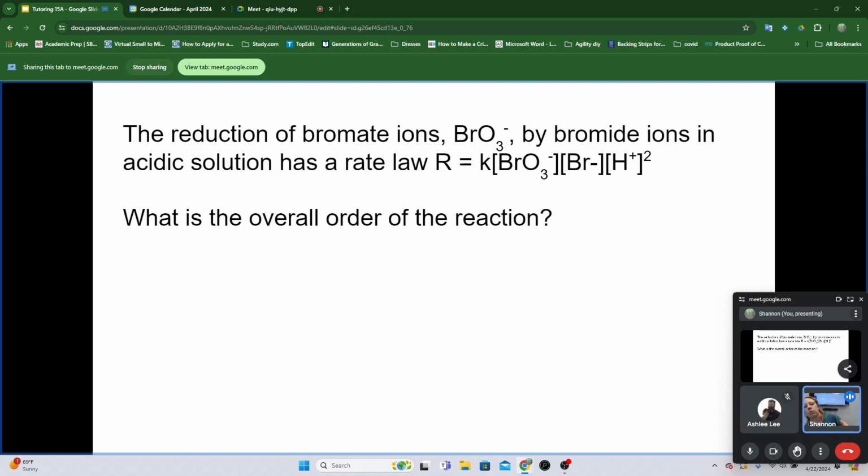Skipping those first couple questions, like on those other ones that we did, we're just going to go straight to overall order. What's the overall order of this reaction? Looking at the rate law, you're adding up all your exponents.